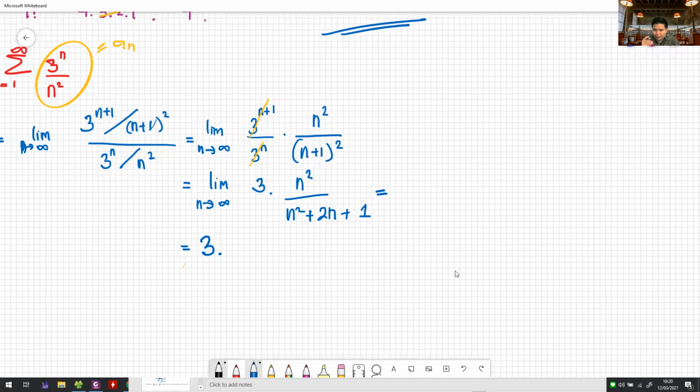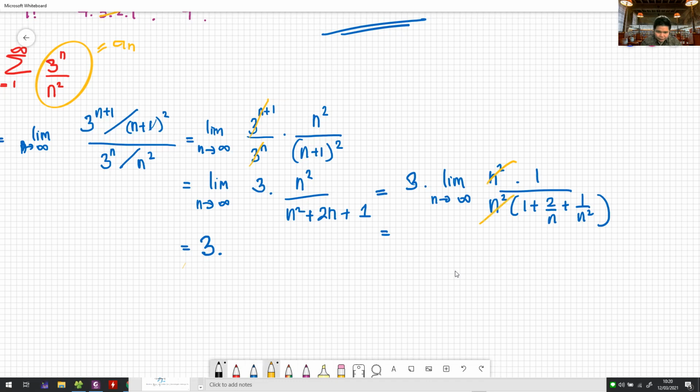If n goes to infinity, for polynomials, we take the highest power. Okay, I will try to break it down, hopefully you will all understand, for those who don't understand yet. The limit: the highest n is n^2, and this is multiplied by 1 for the numerator. The denominator is also the same: 1 divided by (1 plus 2/n plus 1/n^2), as n goes to infinity. This one vanishes, and what do we have?